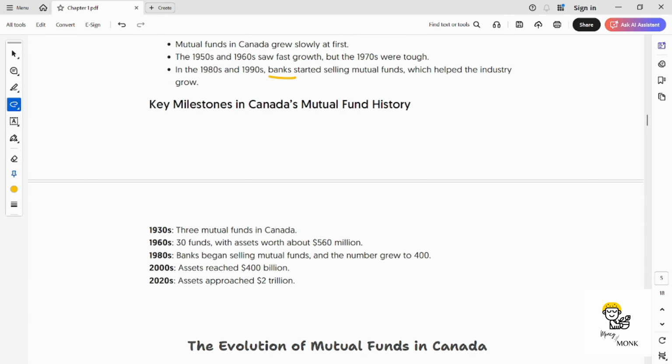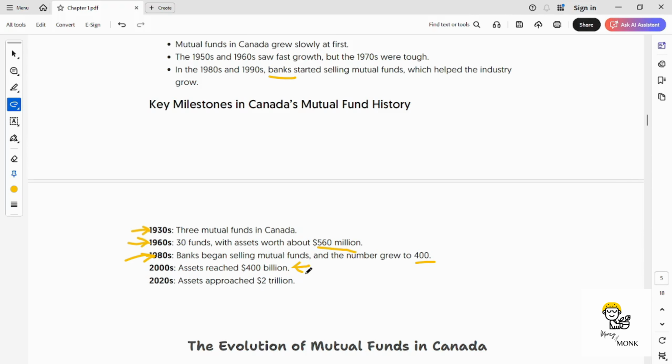Key milestones in Canada's mutual fund history. 1930s, only 3 mutual funds in Canada. 1960s, 30 funds with assets worth about $560 million. 1980s, banks stepped in, selling mutual funds, and the number grew to 400. Now 400 mutual funds.